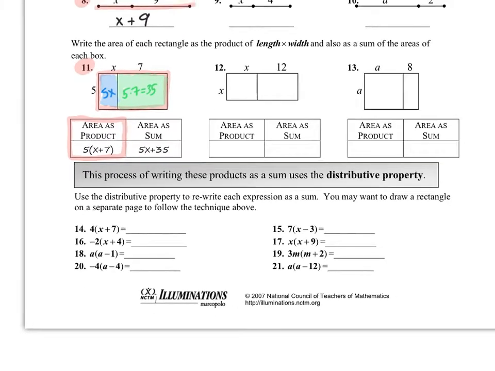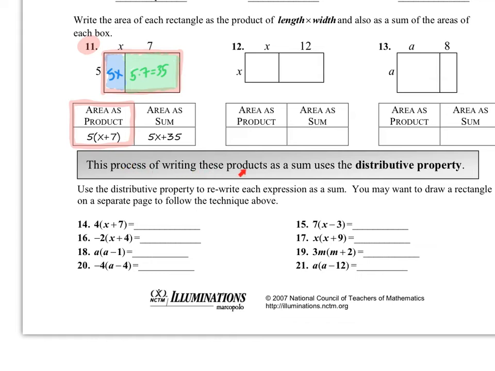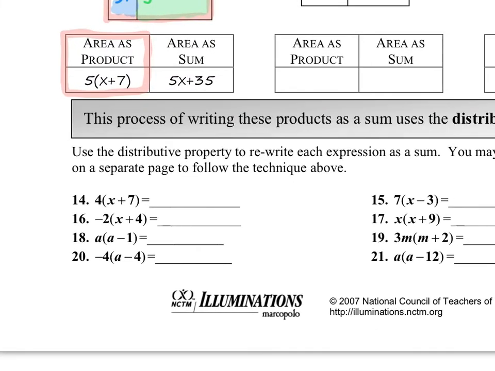And so the process of writing these products as sums is applying this thing called the distributive property. So you take a product problem, like number 14, 4 times the group x plus 7, and you distribute the 4 times x and times 7 to get 4x plus 28, rewriting the product, the multiplication problem, as a sum, an addition problem.